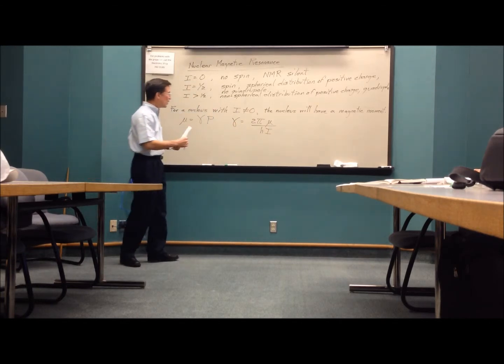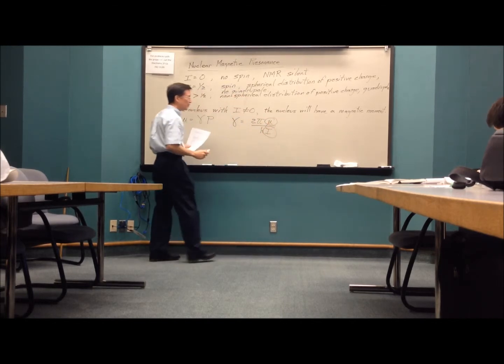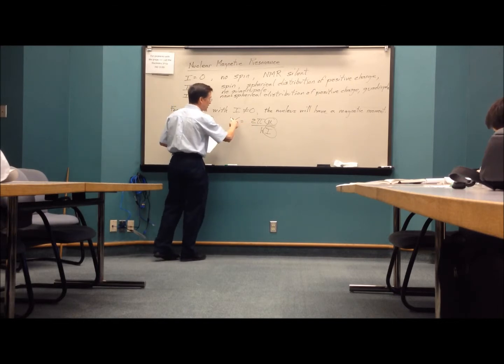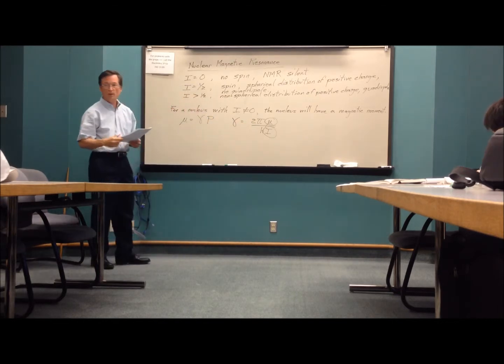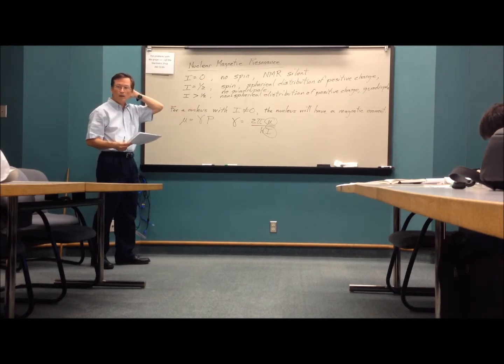Okay. So the ratio of the magnetic moment to our spin is just related by some constants. And that ratio is the gyromagnetic ratio. That is going to determine our sensitivity of our nucleus to the NMR experiment.